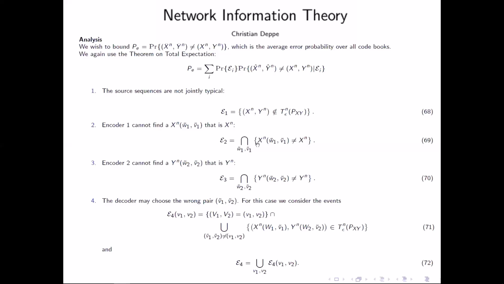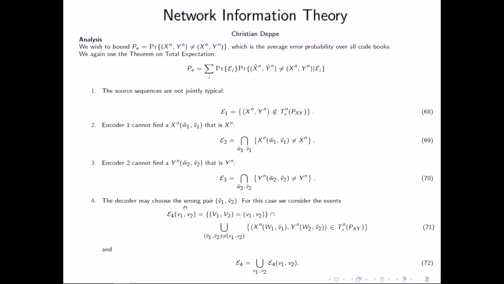That means the event that there is no w1, v1 such that x^n(w1, v1) is equal to x^n. The same error probability we have for encoder 2, that's event 3. That means encoder 2 cannot find a y^n(w2, v2) such that it is equal to y^n. So in both cases, in the codebooks, they don't find the sequence which is emitted by the source. That's error event 2 and error event 3.